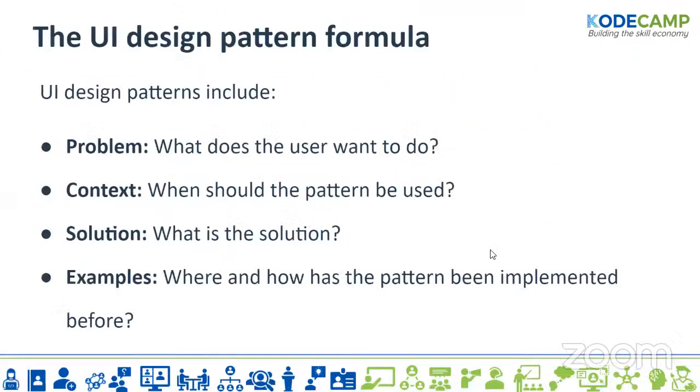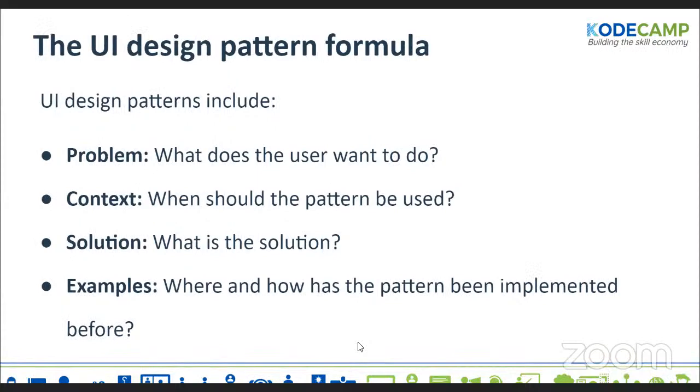So the UI design pattern follows a particular formula. One, the problem: what does the user want to do? Since we've been using login as a reference, I'll say the user wants to log in.